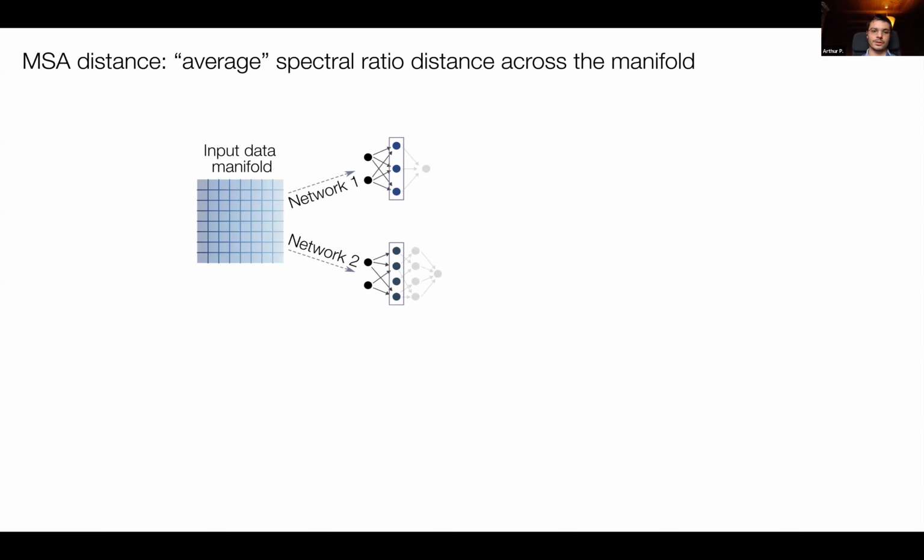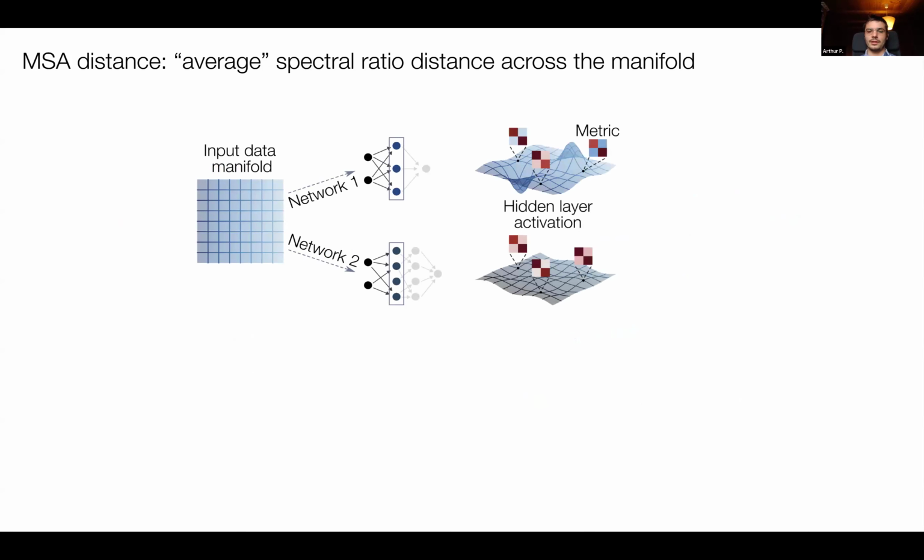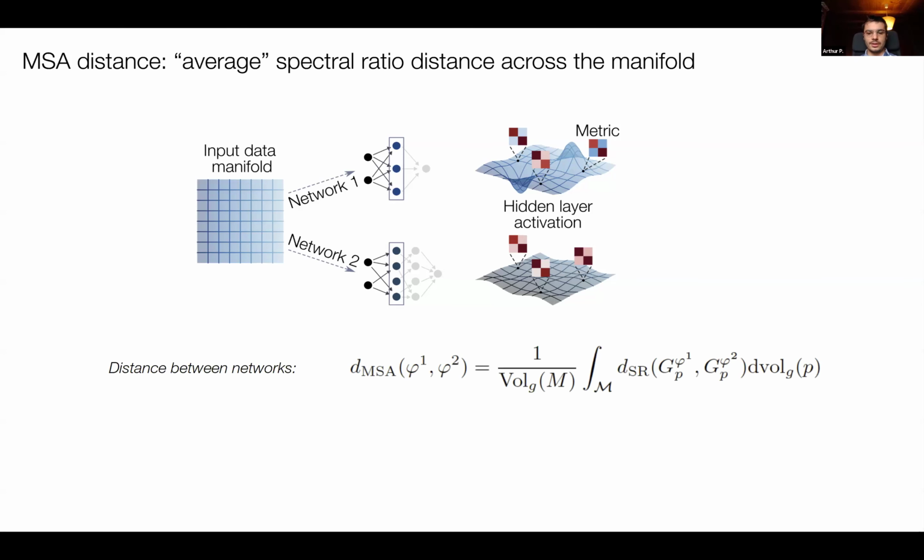Okay, so back to our goal. We had our two networks that we wanted to compare. We said that we can compute the pullback metric pointwise on the manifold, and we've defined the distance between these different metrics pointwise between SPD matrices. Now we want a way to quantify the overall distance between all these metrics over the whole manifold. For this, we are just going to compute a sort of average spectral ratio over the whole manifold.